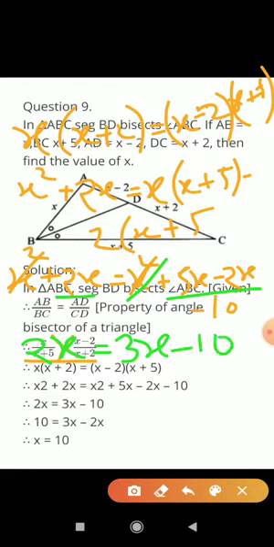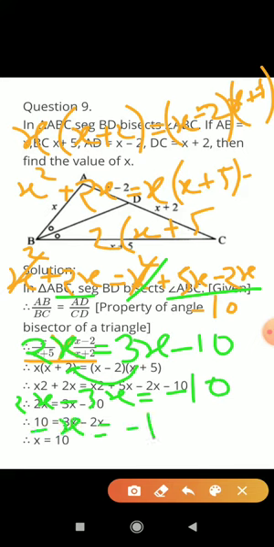Okay, now this plus 3x to the left side becomes minus 3x. So 2x minus 3x is equal to minus 10. 2x minus 3x becomes minus x is equal to minus 10, and if we multiply by minus on both sides, so x is equal to 10. All this minus minus gets cancelled, so x is equal to 10.